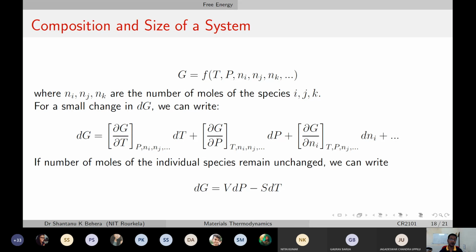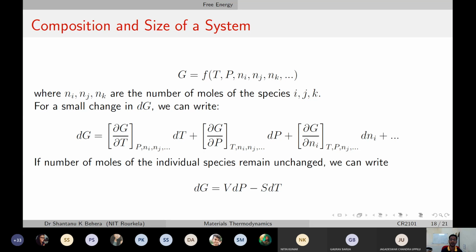Up till now we've been talking about closed systems, where there is a material system of a combination of gases, or solids and gases, and liquids and solids and gases, or any combination of that, where it's closed and nothing goes in and nothing goes out. Now, if we keep the system open, in the sense that the system is amenable to change in composition, for example, if we have a system of ice and water, I should be able to add more water to it, take out ice, or put in more ice, or put in some steam.